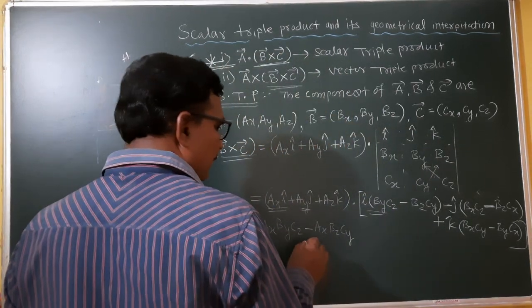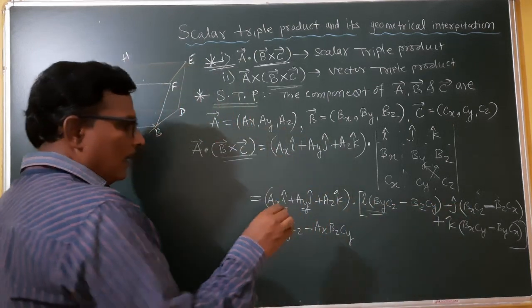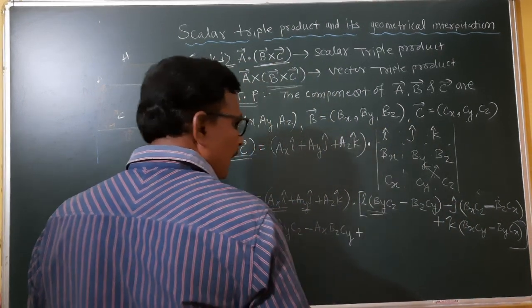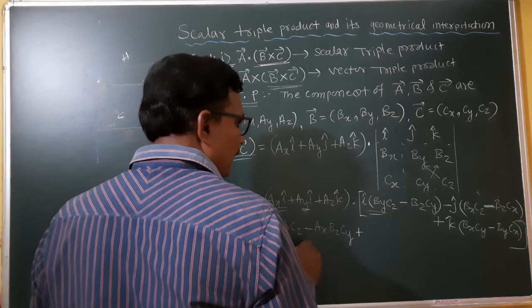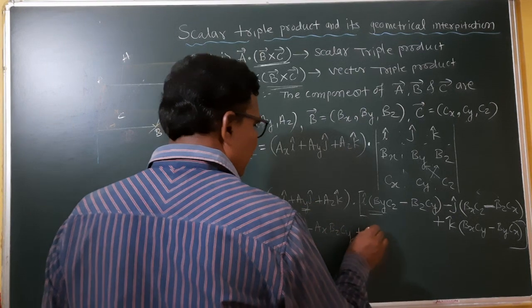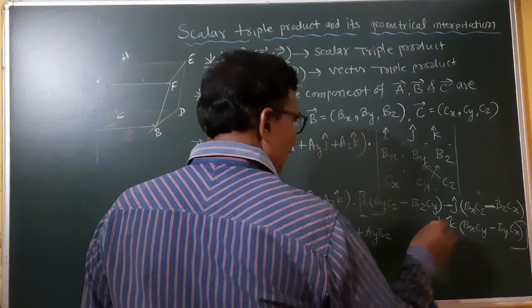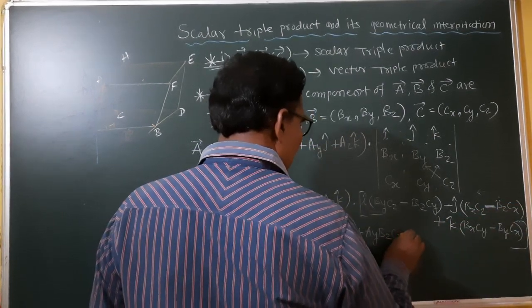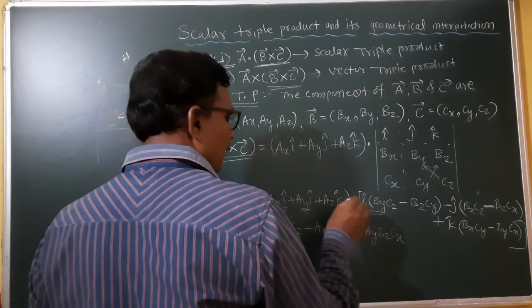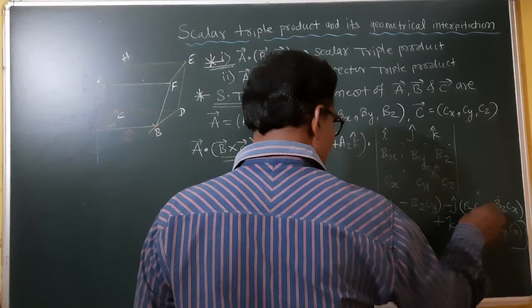So ay multiplied by (bz cx) is the first term. Secondly, the minus term is minus ay (bx cz).